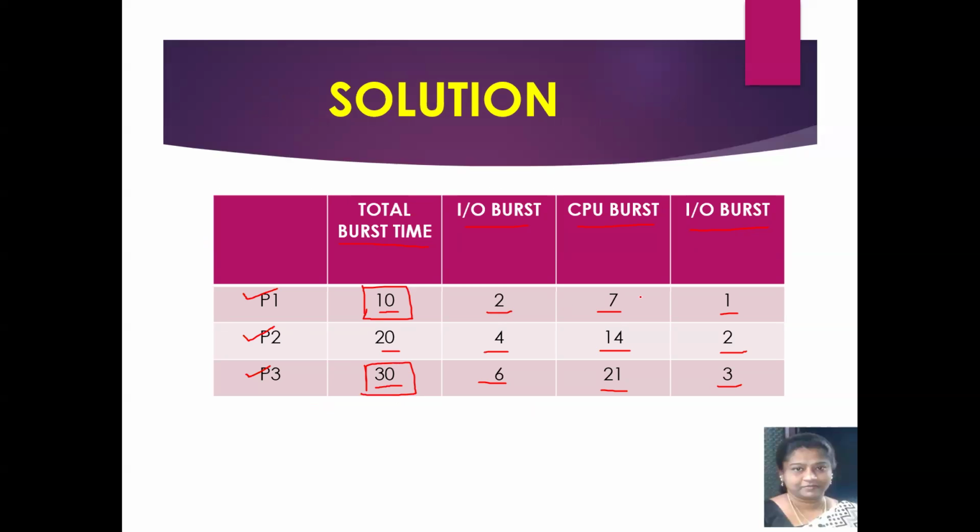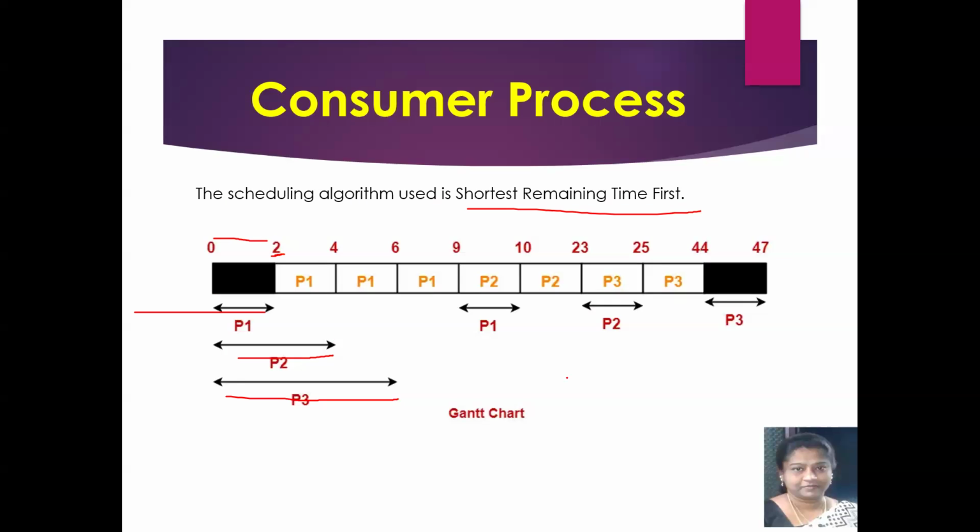Then for 7 milliseconds it is executing, that is from time 2 to time 9. So 9 minus 2 is 7. The remaining 1 millisecond, from 9 to 10, P1 will be doing I/O. With that, P1 will complete and leave.